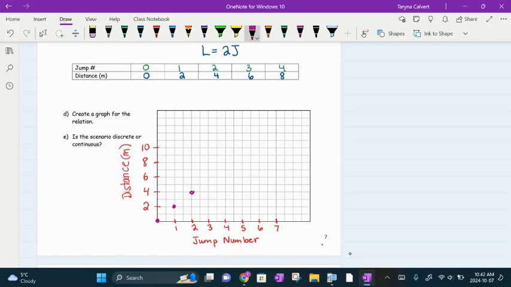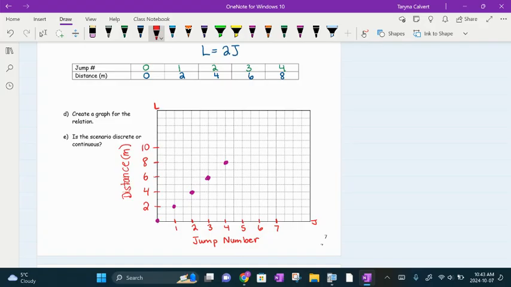And does your scale have to match? No. All you have to worry about for your scale is that it consistently goes up, right? Your x-axis, well, in this situation, technically it's not an x-axis anymore. What is it? It's a j-axis, and your y-axis technically isn't a y-axis anymore. It's an l-axis.